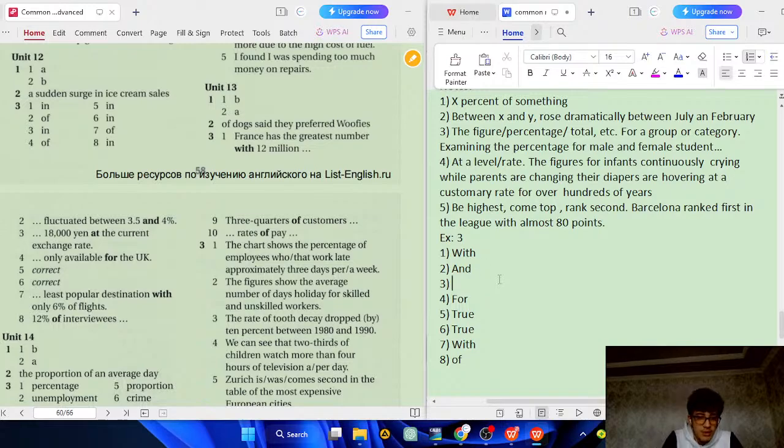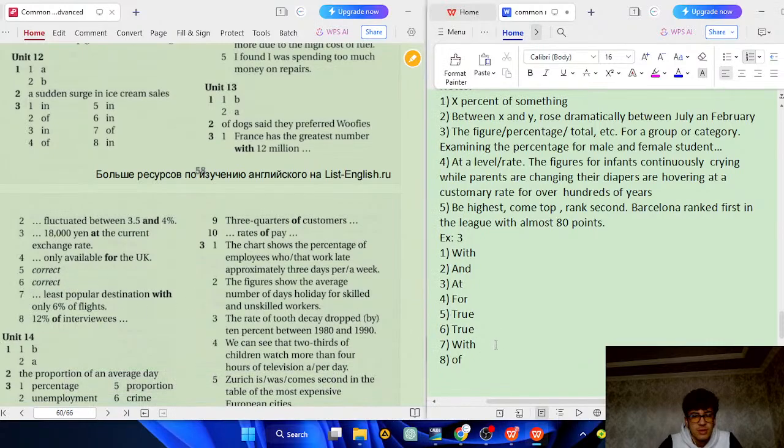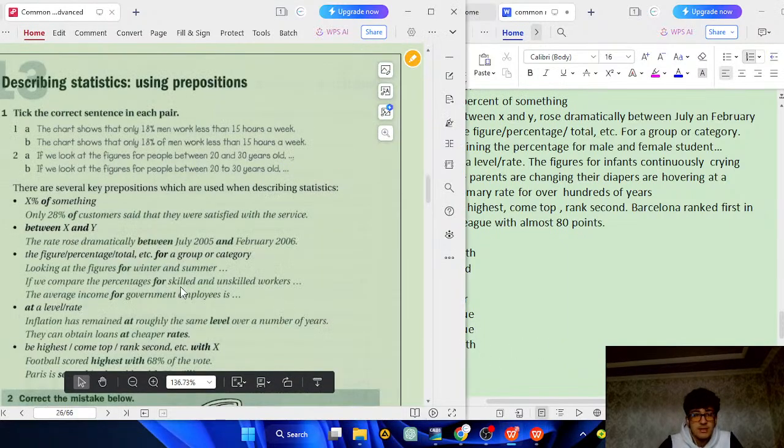They could have said according to or at the current rate. Oh yeah, at the rate or at the level. Exactly. This was wrong, but anyways. 4, correct. 5, correct. 6 with 8. Oh shit. 5, 6, true. 7 with 8. Oh, yeah. Let's go to 26.